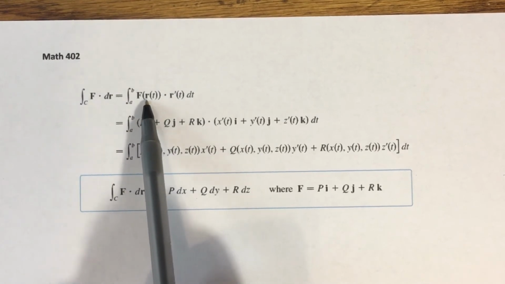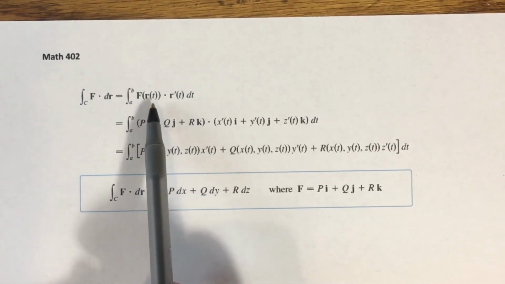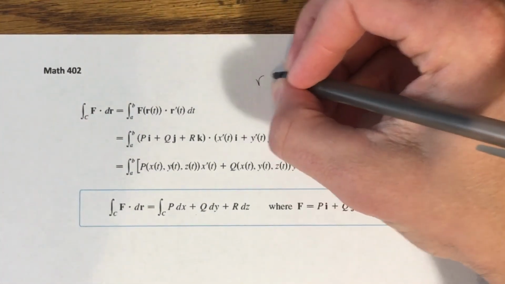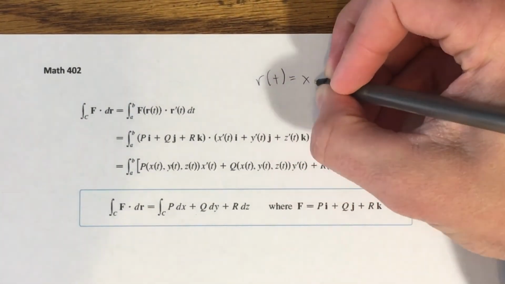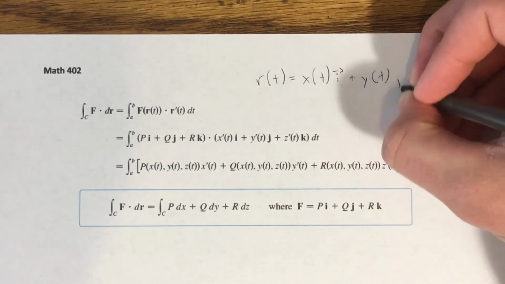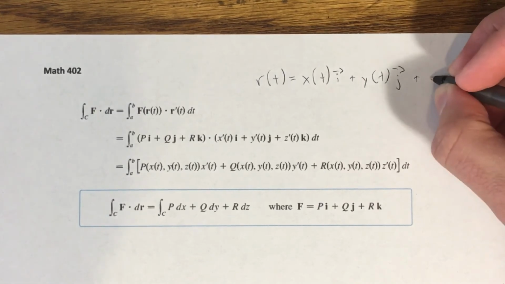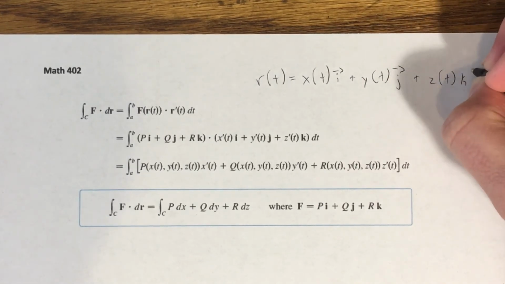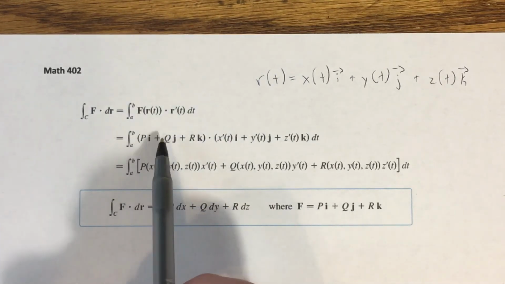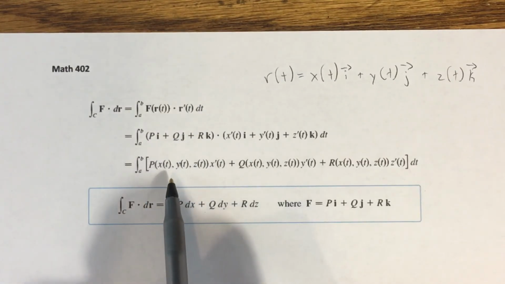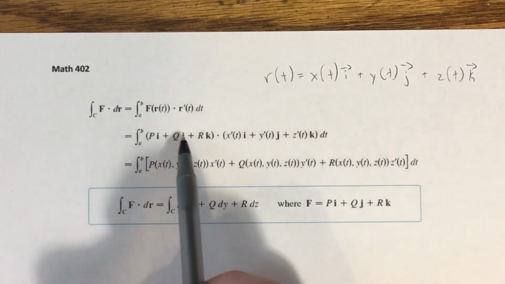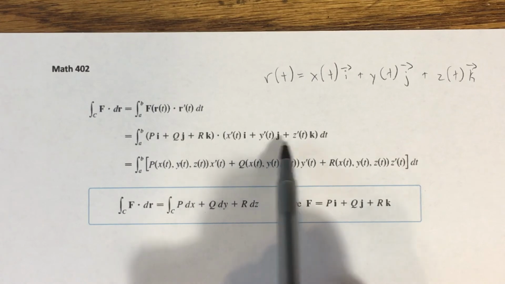However, if r of t is this, r of t equals x of t i plus y of t j plus z of t k, then r prime of t would be this, x prime of t plus y prime of t plus z prime of t.